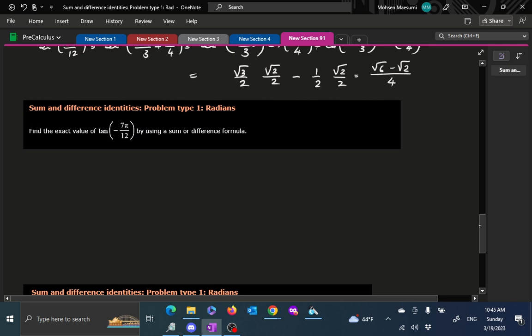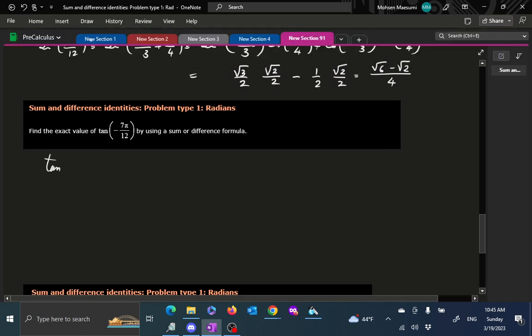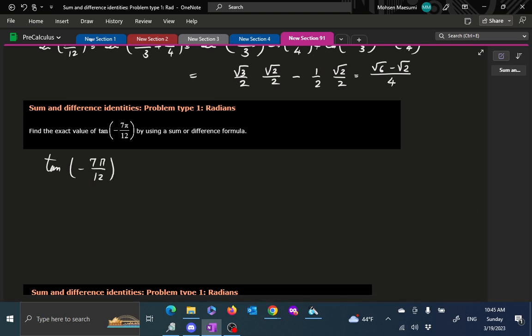Tangent of minus 7 pi 12. First of all, how about reducing our job by getting rid of this negative? So I say tangent of minus 7 pi 12 is actually same as minus tangent of 7 pi 12.